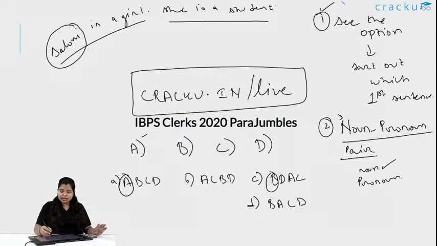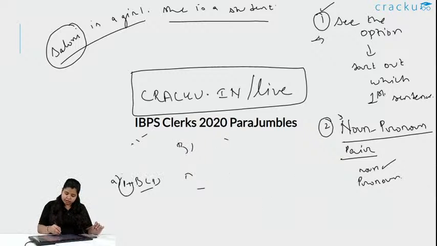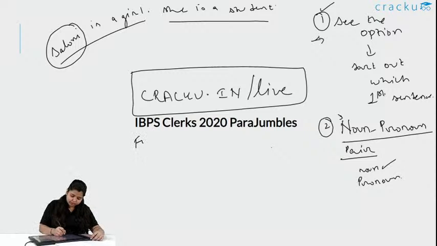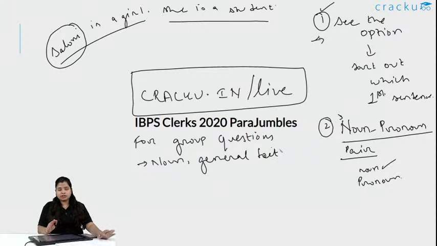So, the first thing, see the options, and what if this is for the individual question, and what if the questions are in group, like there is no set given here like A, B, C, D. So, here in that time what you can do is always remember for group questions the first sentence is always either a noun or a general fact or a universal fact and a general truth, like it happens, and otherwise it is an initiation or the starting point of a situation.